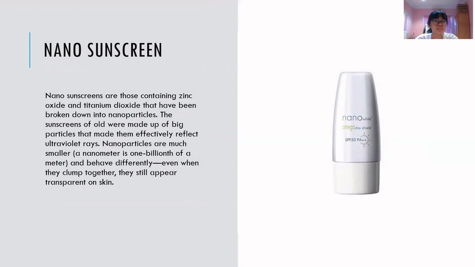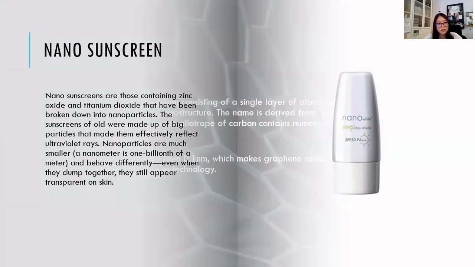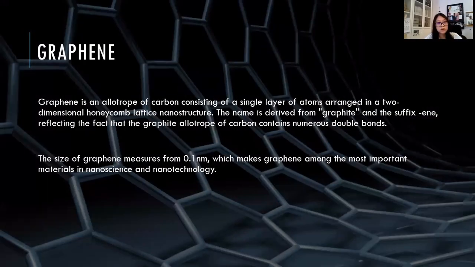Wenjing, what is graphene? So graphene is an allotrope of carbon consisting of a single layer of atoms arranged in a two-dimensional honeycomb lattice nanostructure.